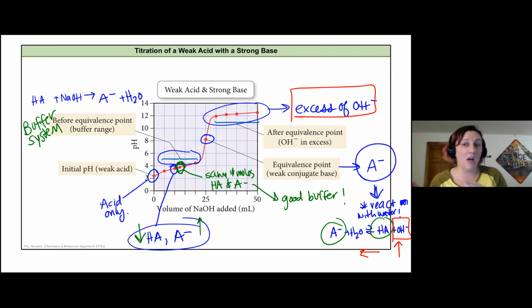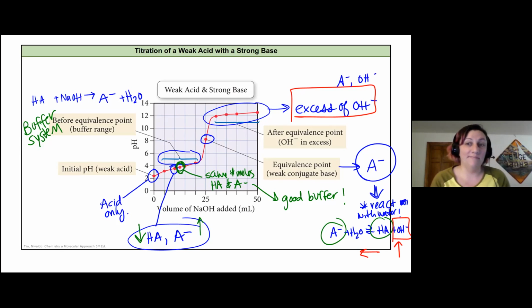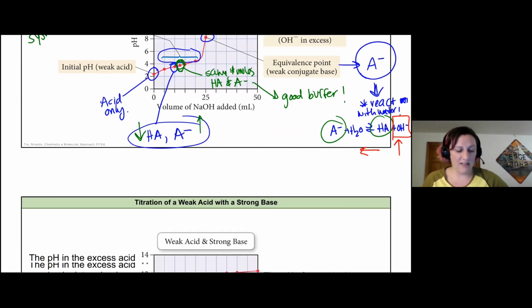That's going to shift our equilibrium to favor the conjugate base. We'll see very little, none of our weak acid around. We'll just see conjugate base, and we're going to see lots of hydroxide ion. So that's our weak acid, strong base titration curve. You could do this same process for a strong acid, weak base as well, and you'll see a similar pattern.